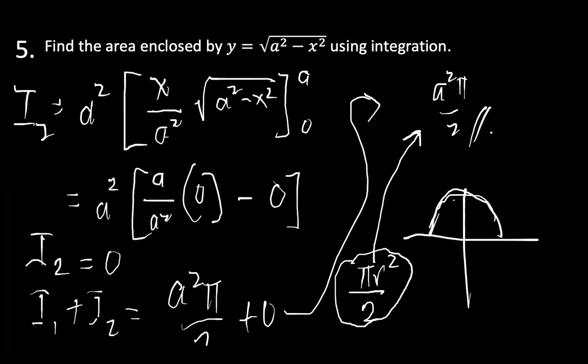This is our general formula, but with the given equation y is equal to the square root of a square minus x square, our formula for the semicircle is a square times pi over 2. Okay, so we have found the answer.